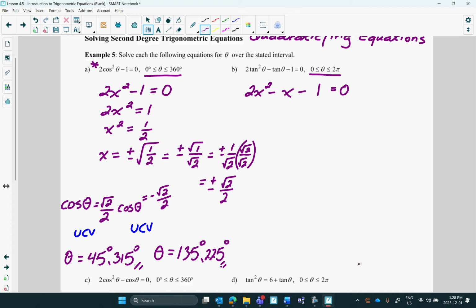So this is a trinomial. What are the first two terms? 2x and x. I know I have to have 1 and 1. And because it's negative, one of them has to be plus, one of them has to be minus. Question is, which one's going to give me this in the middle?